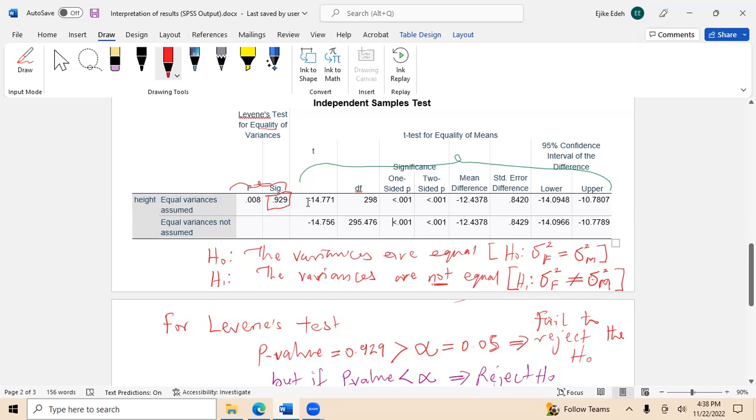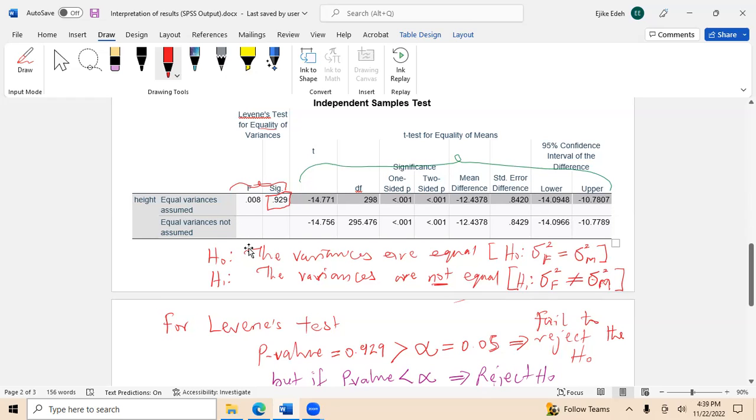And that means the result you will interpret is the first one, okay? But if you reject H0, it means the variances are not equal, and then the result you interpret will be the second row, okay? So for this scenario we are using to illustrate this, the result we are going to interpret is the first one because the variances are shown to be equal, because we failed to reject H0.